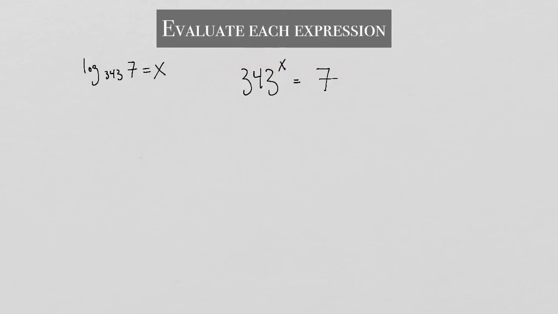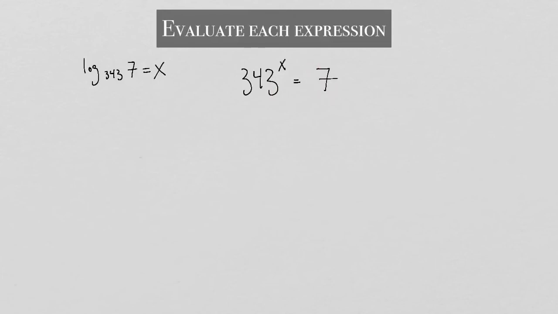So this must be some kind of root. This has to be some kind of root. So that means that this exponent must be a fractional exponent. Because if we squared 343, well, we get a number a lot larger than 7. So we're kind of going in reverse here.